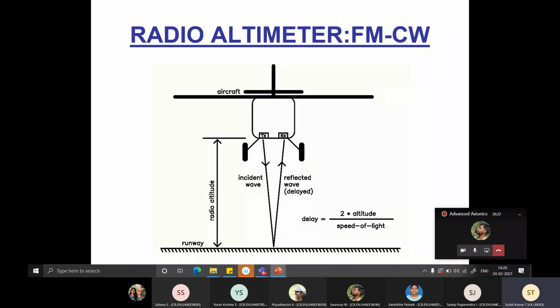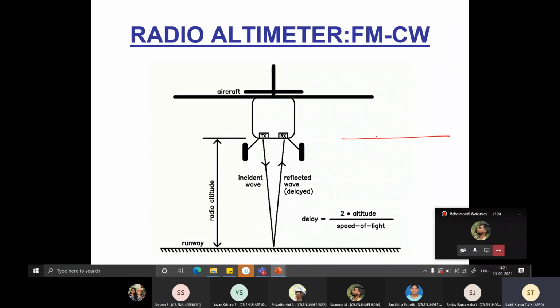And radio altimeters, as we discussed, are used only during landing. Actually, it is used only during the flaring phase.